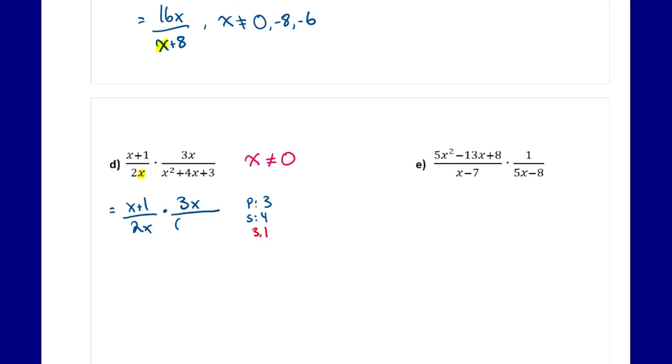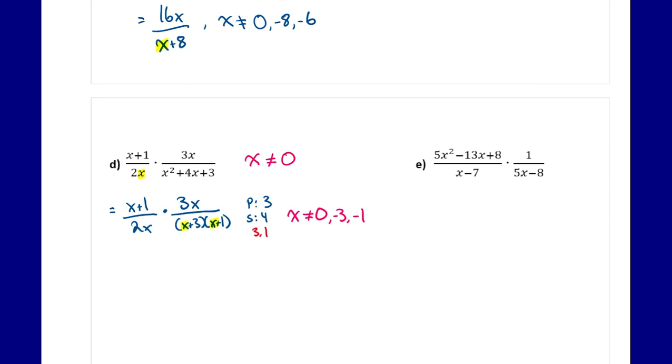So my denominator is x plus 3 times x plus 1. All right, I can state new restrictions now. x already couldn't equal 0, but now when I look at these second factors, x also can't equal negative 3 or negative 1.